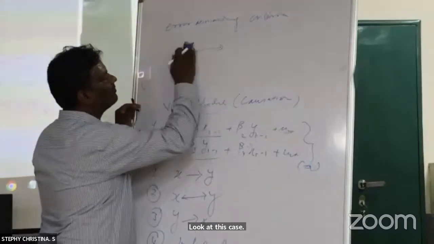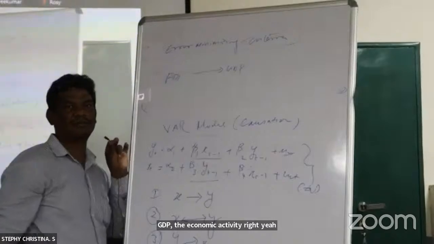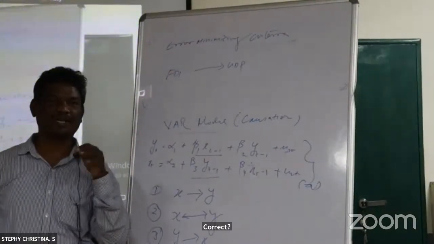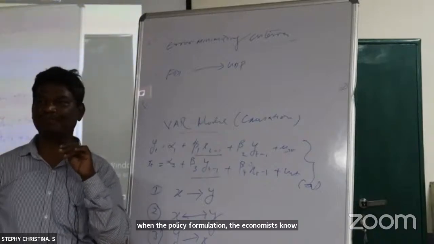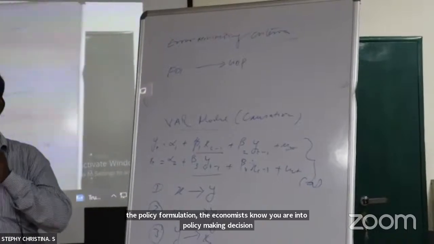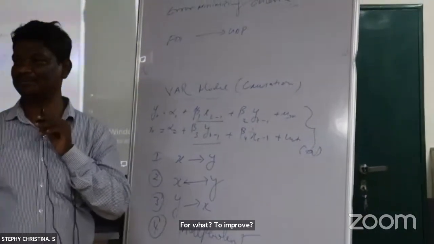The FDI leads to GDP, correct? When economists are making policy decisions, whether to attract more FDI inflows, for what? To improve GDP.